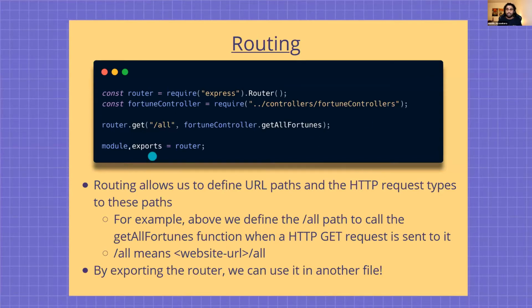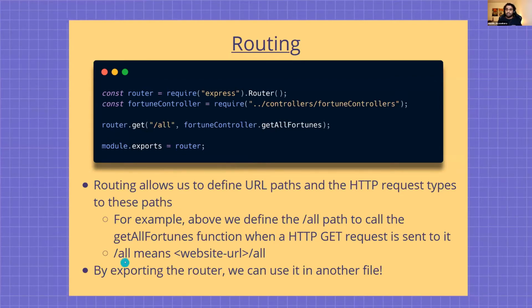So just to explain what I said, for example, using the router, when a GET request is sent to the /all endpoint or route, we will call this function, get all fortunes. So if you were to go into Chrome, once we finish this, and you're just running the backend and went to localhost and /all at the end of it, you would get all the fortunes from the database. And finally, we export the router so we can use it elsewhere.